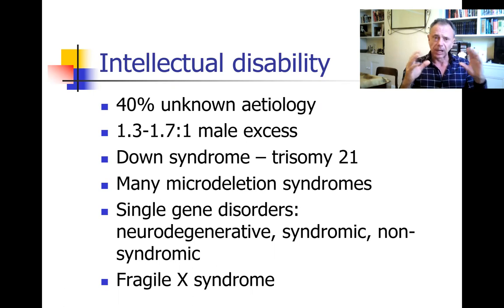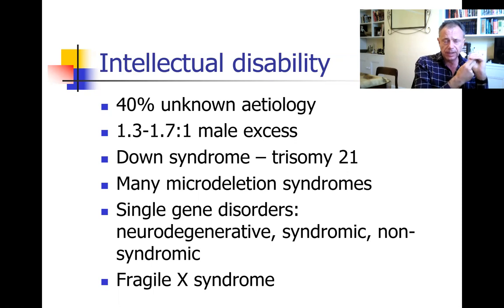But there's a whole bunch of things that can specifically go wrong and have a very profound effect, reducing somebody's IQ to much less than you'd expect according to a normal distribution.